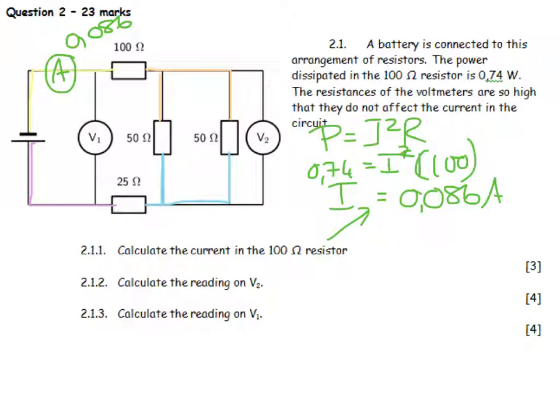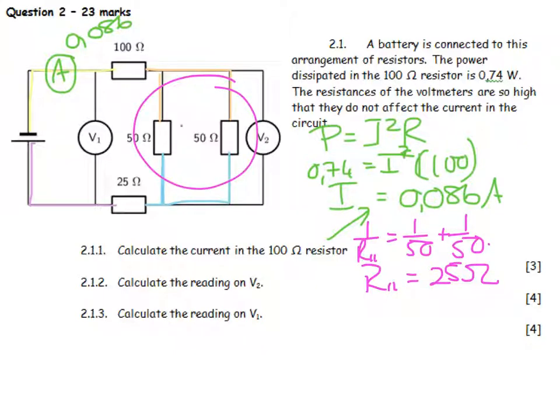Fantastic. Calculate the reading on V2. Now, V2 is over a parallel network, which means that I would need to first work out what the resistance of the parallel network is. So 1 over R parallel is equal to 1 over 50 plus 1 over 50, and when I work that out, R parallel turns out to be 25 ohms.